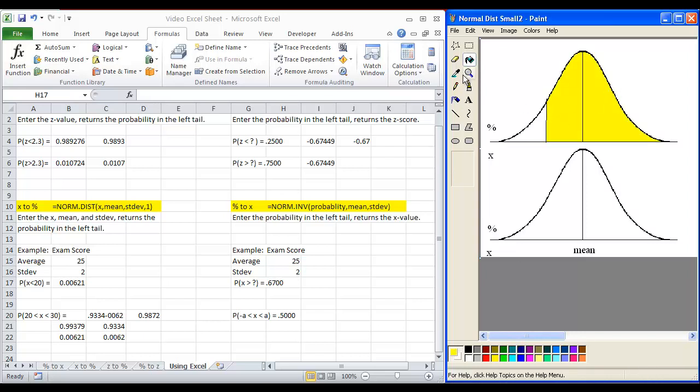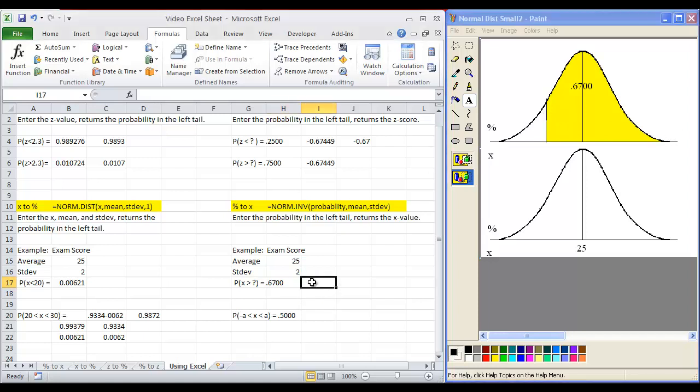So 67% of the values, so this range in here is 67%, fall between some test score, and remember, our mean is 25, right? So something that's going to be below a score of 25 and all the way up to a 35 is the highest score.